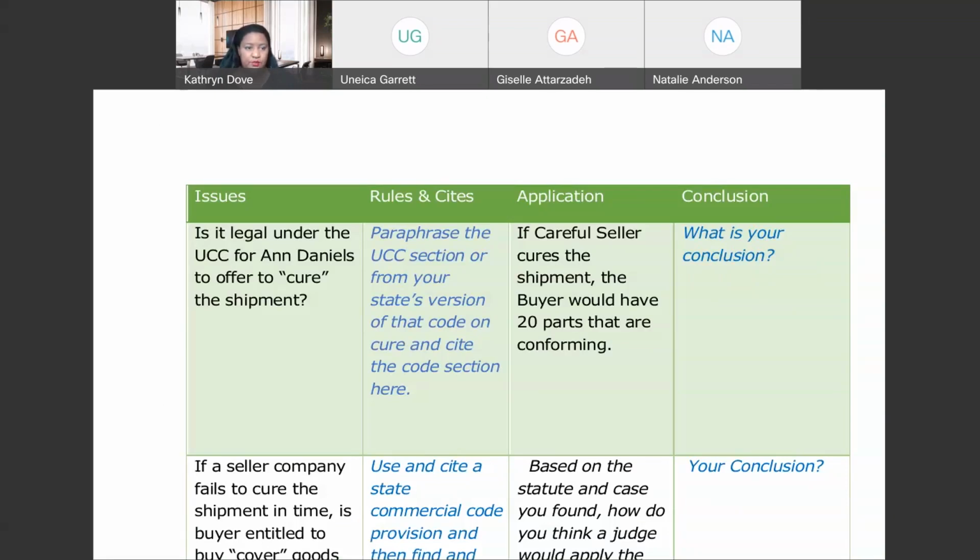You're given the issue, which we just talked about, which is whether or not the buyer needs to give the seller an opportunity to cure. We talked about which rule that was. And then if the seller cures the shipment, then the buyer would have 20 parts that are conforming. So then your conclusion is, well, looks like the contract's been satisfied. There's no need to sue.